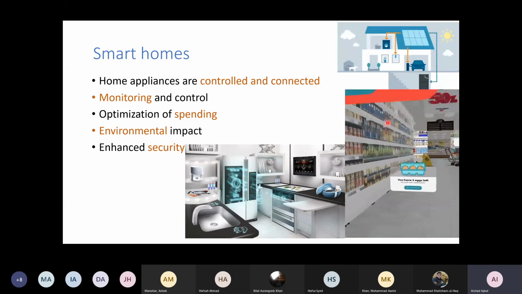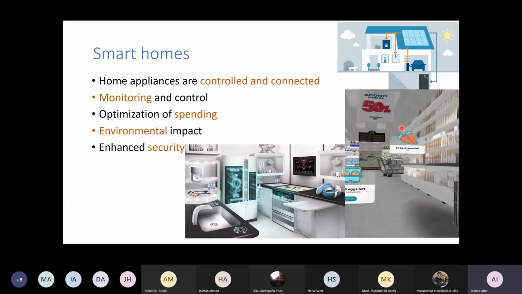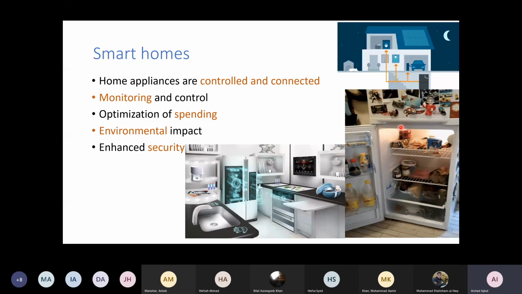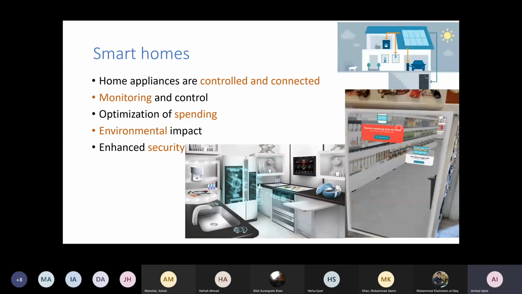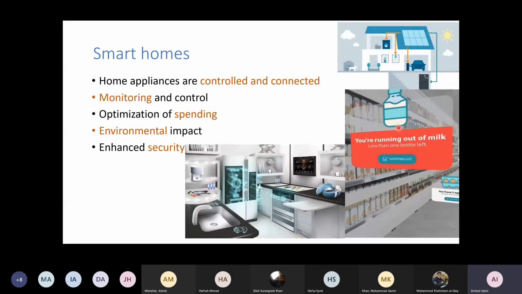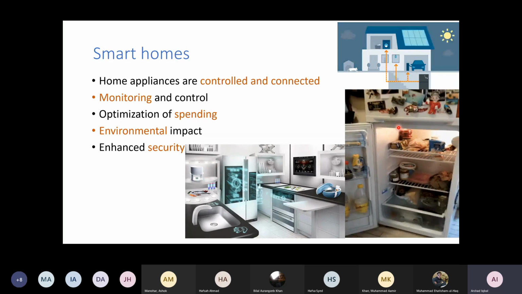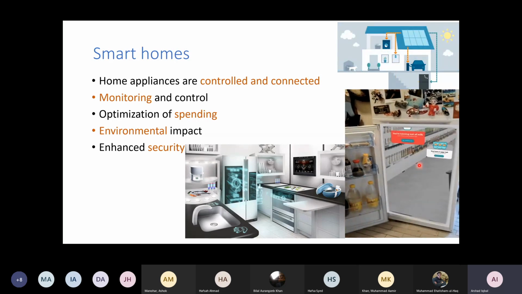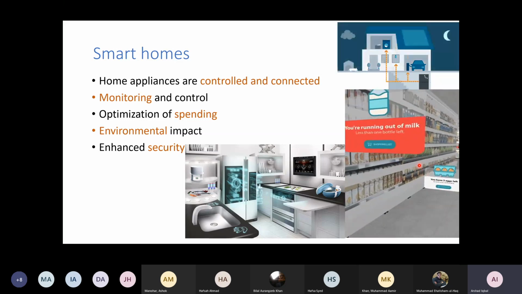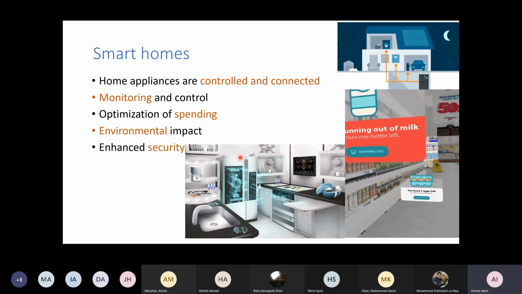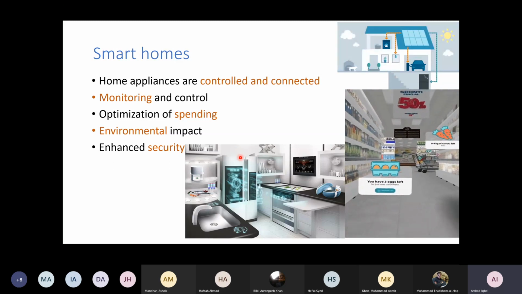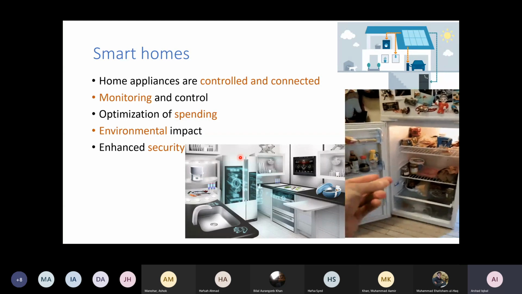And if you could see this other graph, it shows a refrigerator, or fridge, that gives the information of what is running out. For example, running out of milk, you have 3 eggs left, and this kind of information. And this fridge is actually connected to a superstore. So this is smart homes, which is an application of the Internet of Things.